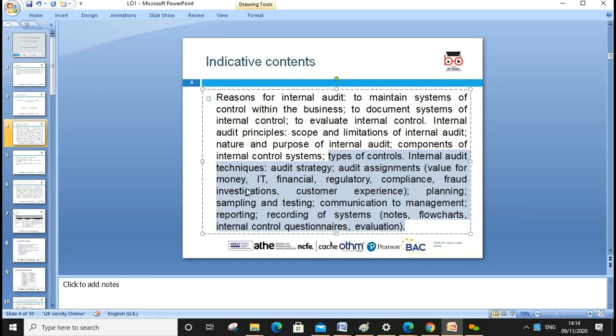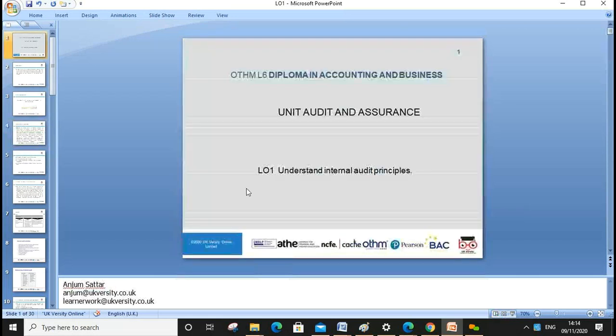I'll show you some examples like payroll, like we discussed sales, purchase orders and things. We'll go through that in the next lesson in LO2, which carries on because it's a link. The first LO is more discussion. The second, third and fourth are more applied.